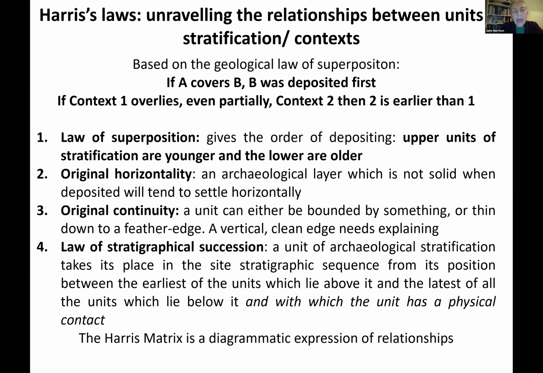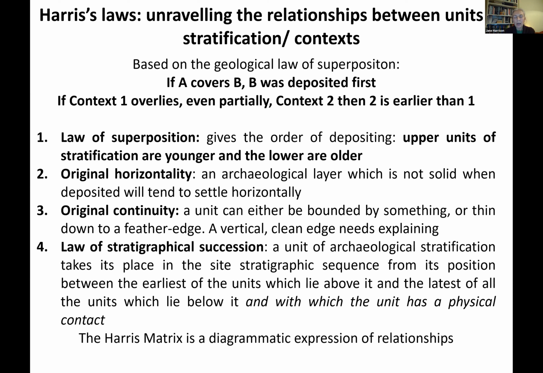Now, there was an archaeologist called Ed Harris who was working in very, very deep urban stratigraphy in Winchester quite some time ago now. He wanted a tool that would help him to unravel the complicated relationships between the features he was finding in this really deep, complicated layer upon layer through hundreds and hundreds of years of urban living.